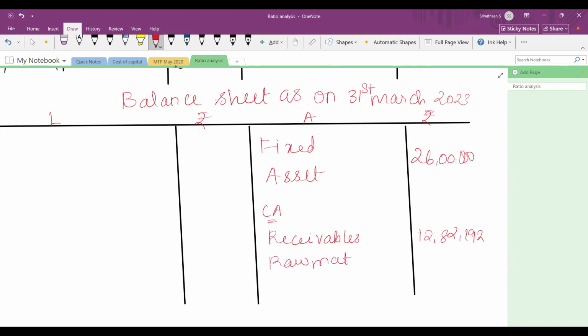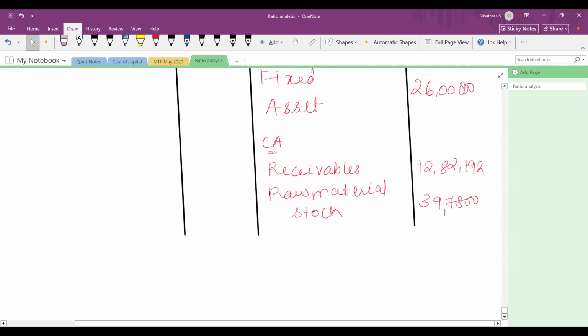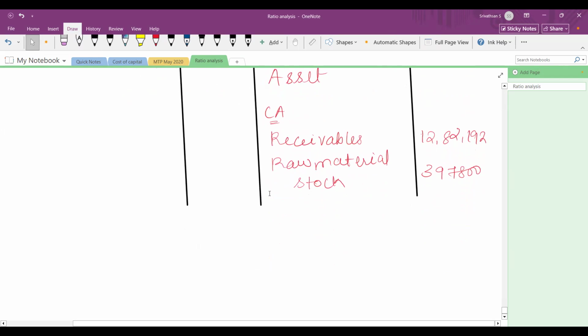Raw material stock, how much? 3,31,500. Then finished goods stock, 3,97,800.